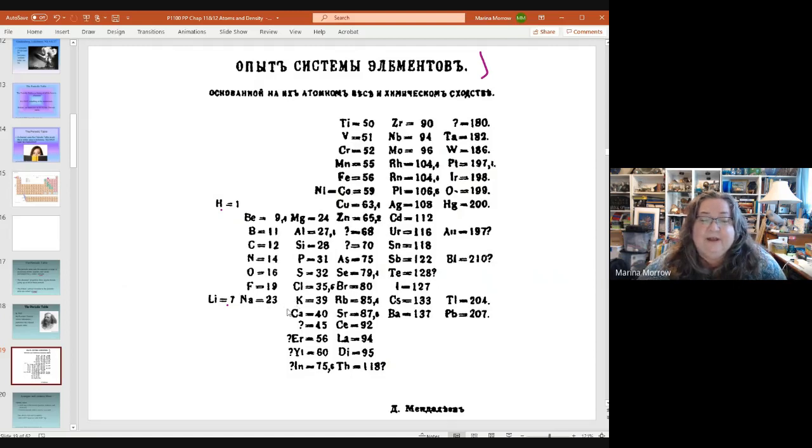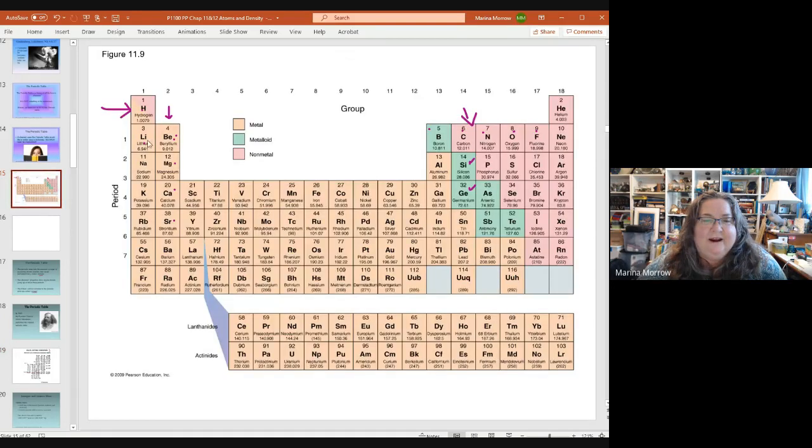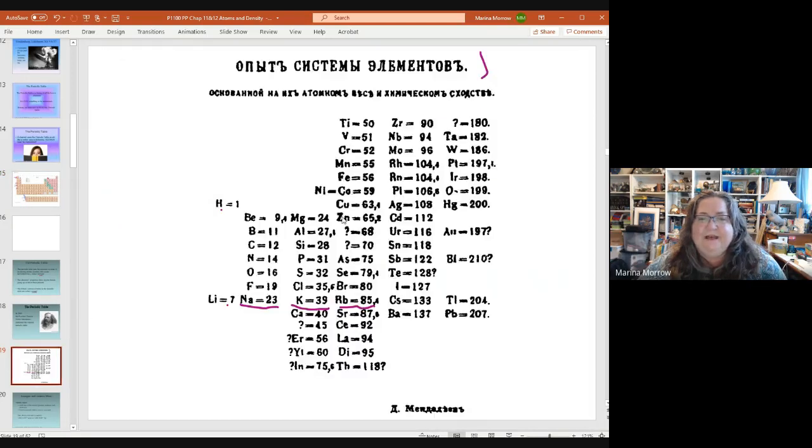So he put potassium underneath sodium because they had similar properties. And he put rubidium underneath there. And so you can see here we've got sodium, potassium, rubidium. And so he was putting these in the order of their properties. And that was what made his periodic table better than others.